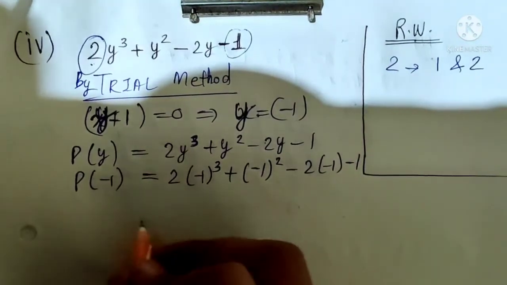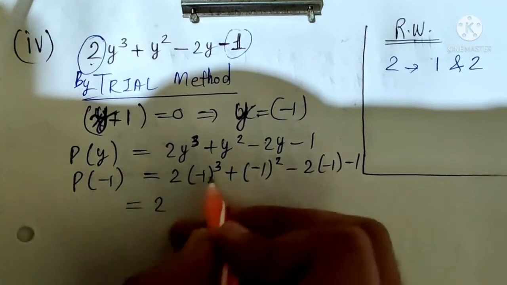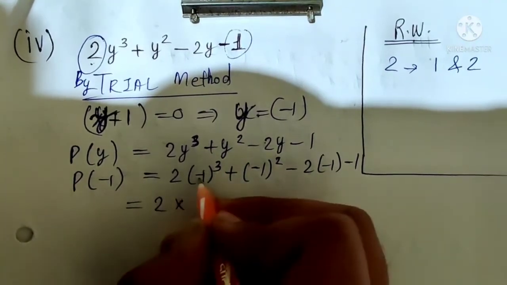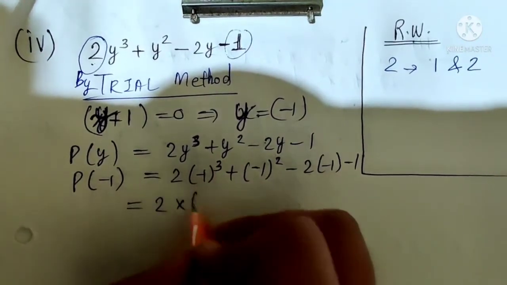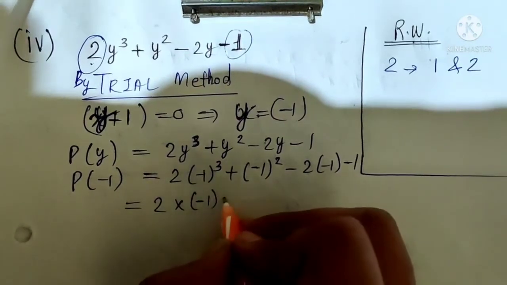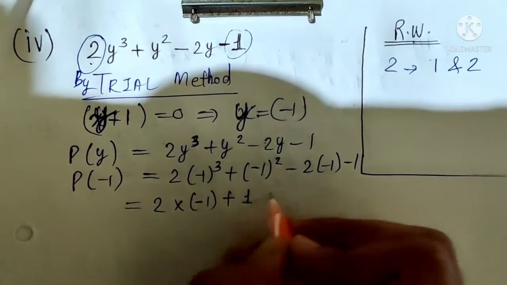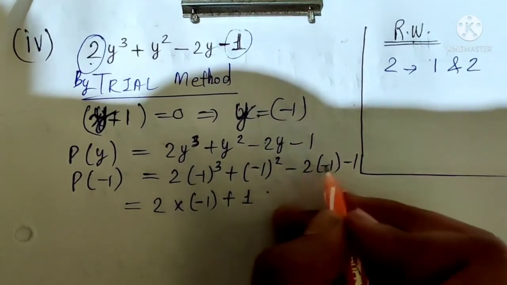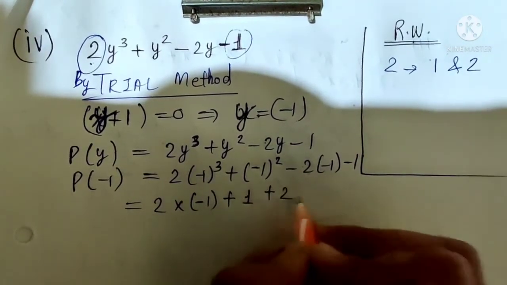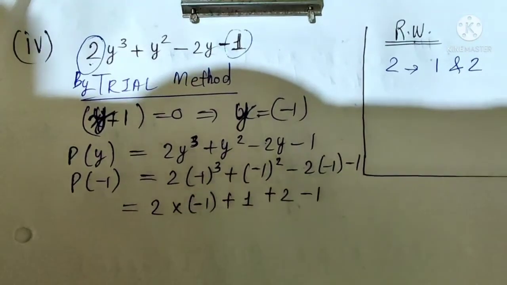Now let's see what is coming. The negative number with an odd power, so the answer will be negative only. Plus negative number with an even power, so the answer will be positive, 1 only. Minus 2 multiplied by -1, so minus minus plus, so plus 2. At last -1. Okay, any doubt?